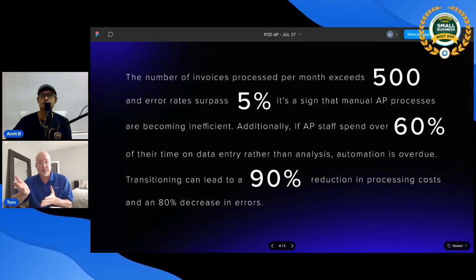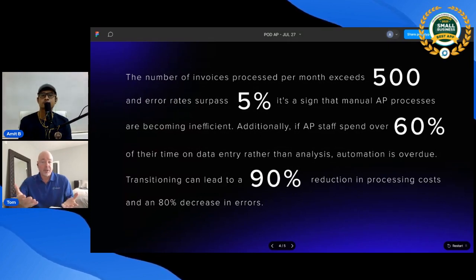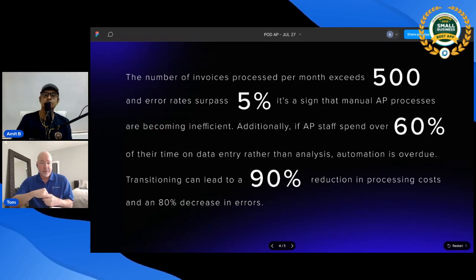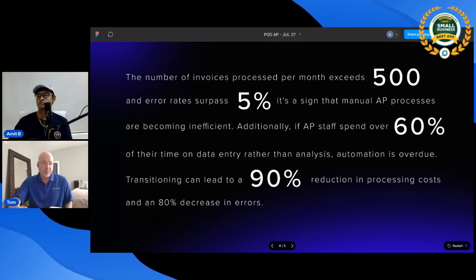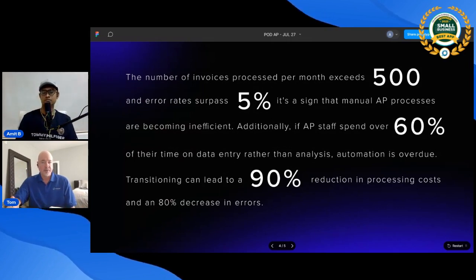And then some are scared of change. And then there are integration complexities and initial investment concerns. According to a Deloitte survey, 56% of respondents cited resistance to change as the top barrier. And we hear that all the time.